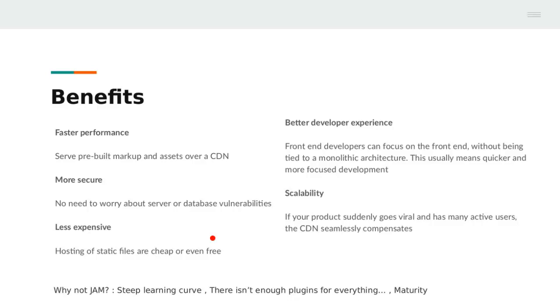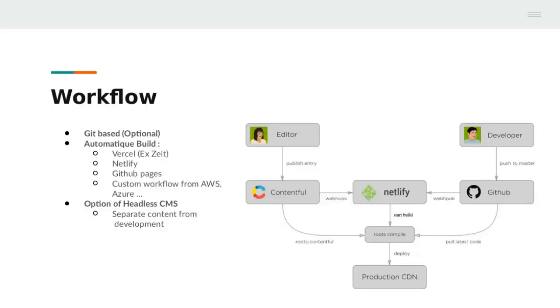Okay, the workflow. This workflow is the default one, but it's optional. You can use your own Jamstack workflow. You put your code on GitHub or GitLab or anything, and you set up an automatic build.